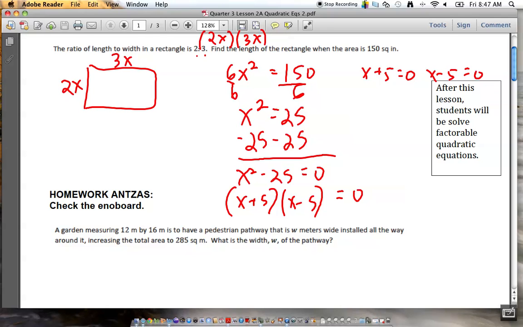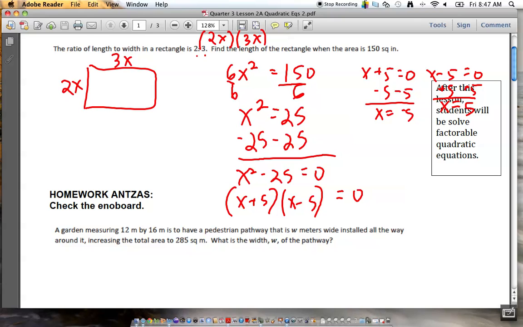Maybe it's the guy on the right. Subtract 5 from both sides. x is negative 5. Add 5 to both sides. x is 5. Now, one of these answers is ridiculous. Which answer is ridiculous? Why is negative ridiculous?